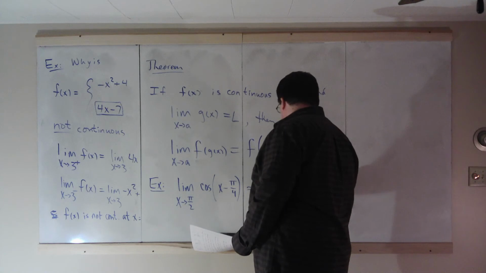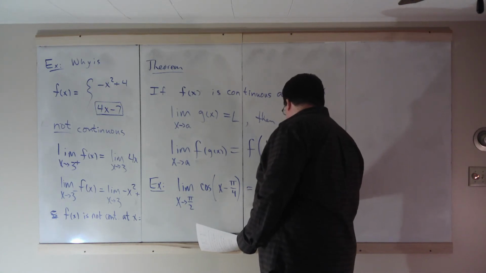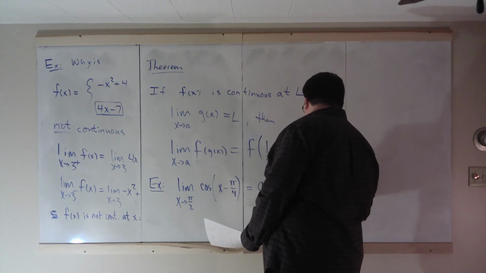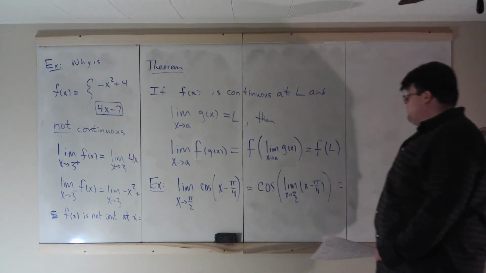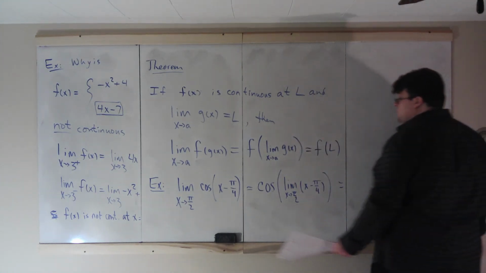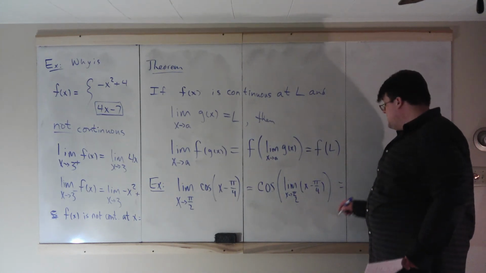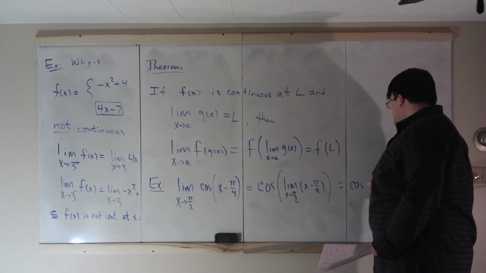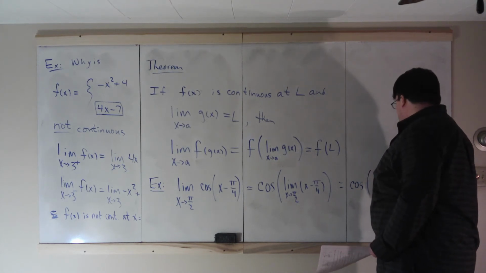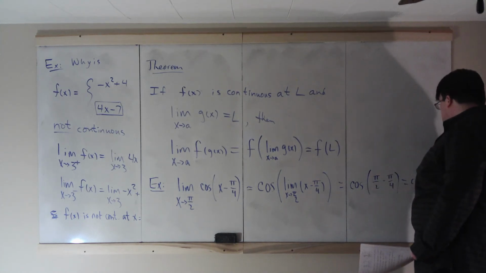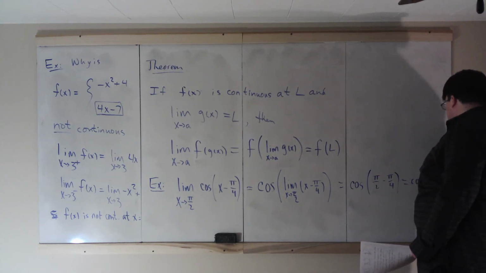So cosine of the limit as x approaches pi over 2 of x minus pi over 4. So this theorem allows us to push this limit inside the cosine function, and now we can use the limit laws on the inside. So cosine of pi over 2 minus pi over 4, which is cosine of pi over 4.